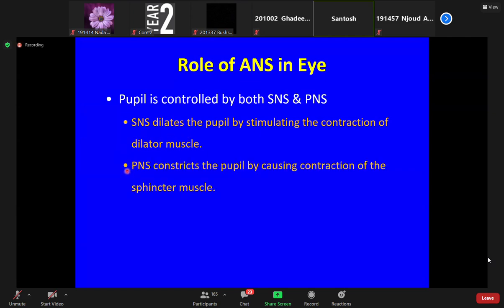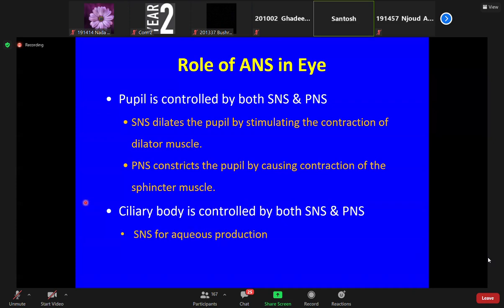So the sympathetic nervous system stimulates the dilator pupillary muscle, which leads to dilatation of the pupil. The parasympathetic nervous system stimulates the sphincter pupillary muscle, and that's why it constricts the pupil. The ciliary body is also controlled by both the sympathetic and parasympathetic nervous systems, but they are not opposing effects. Like on the pupil, they are opposing effects, but here they are not. With the sympathetic nervous system, both beta 1 and beta 2 stimulation increases the aqueous production.